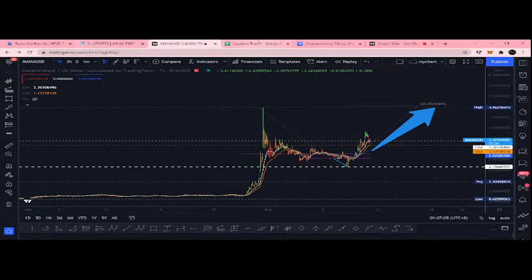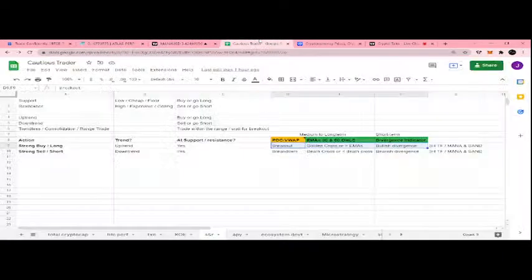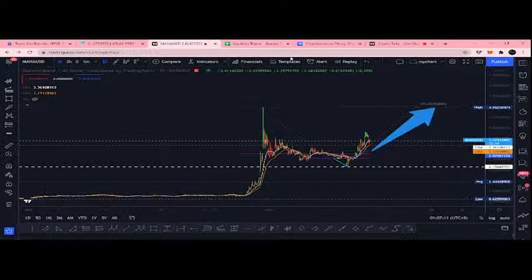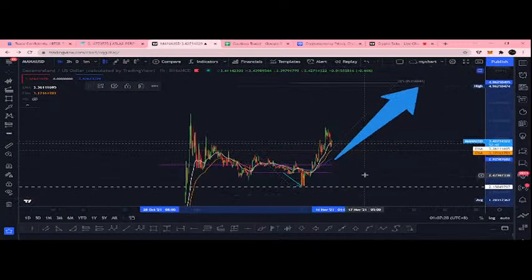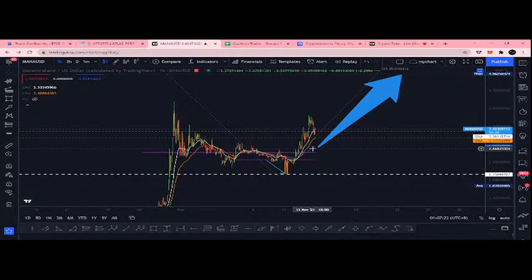So let's start first with the indicators that I'm using. We have the point of control here. It broke out. The blue one is the VWAP, and then there's a golden cross.